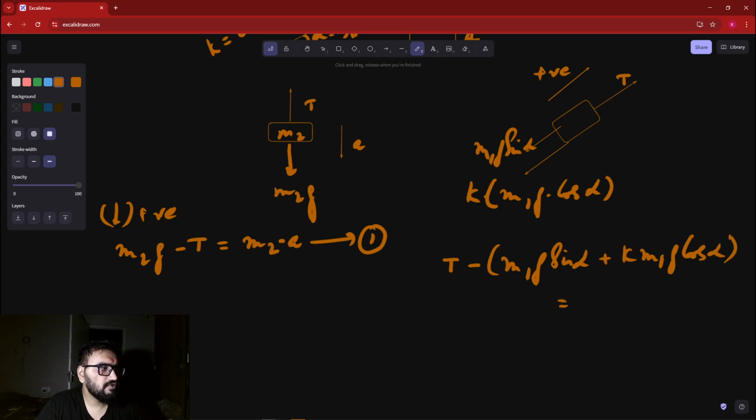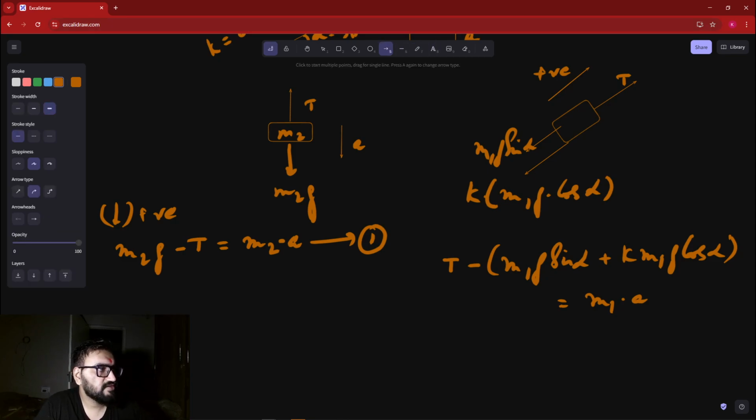This is the net force. Under the influence of this force, this body of mass m1 is moving along this direction with an acceleration of a. I should have mentioned the direction of the acceleration as well.